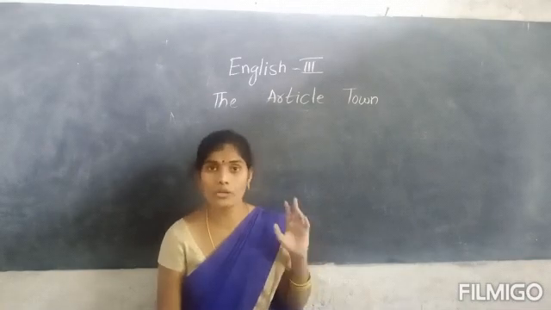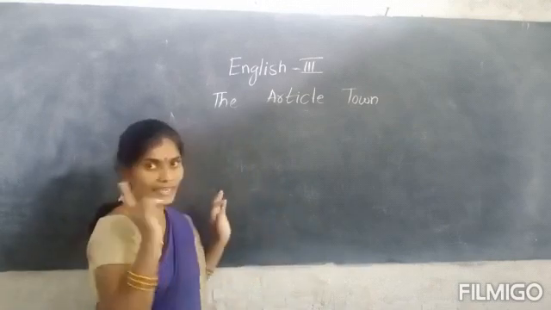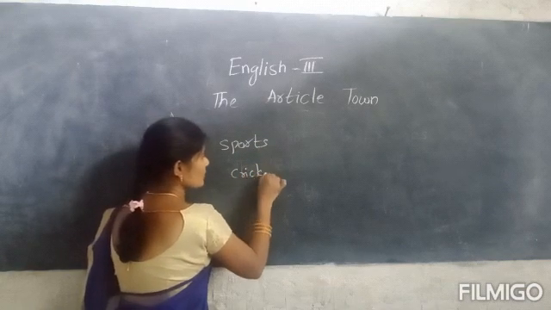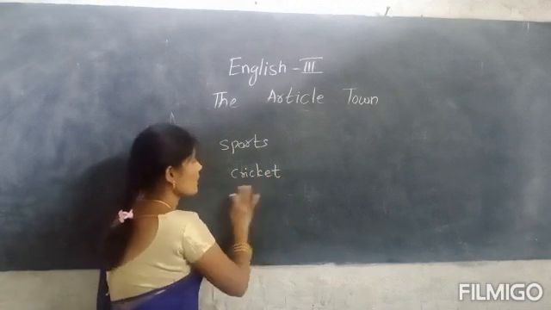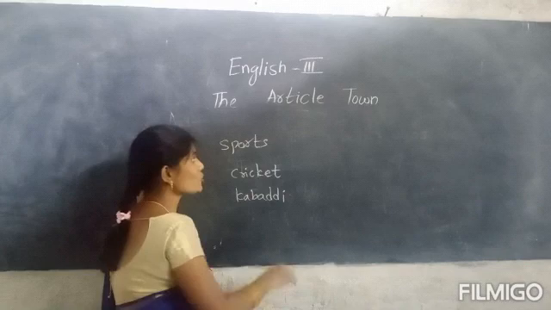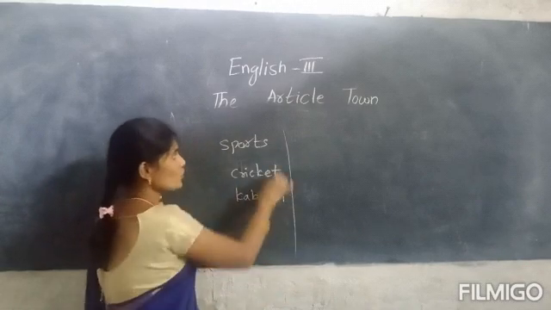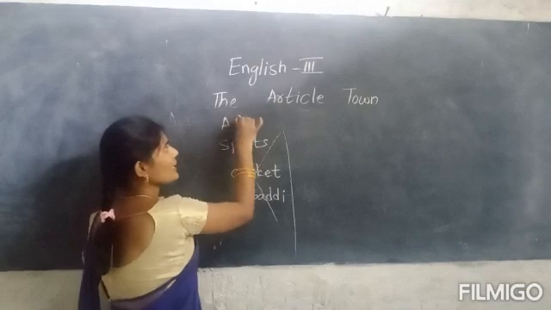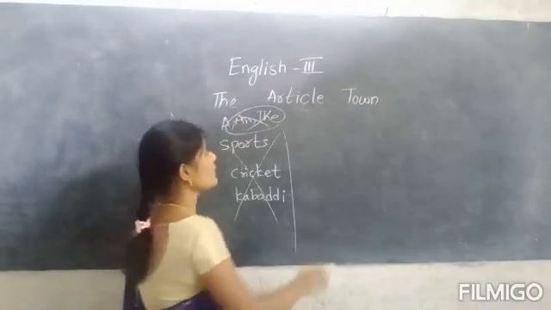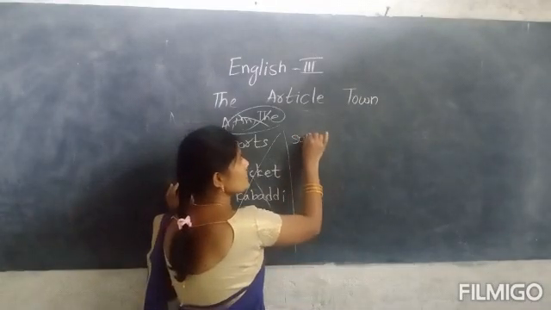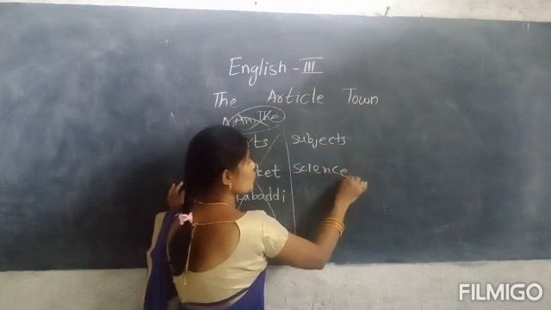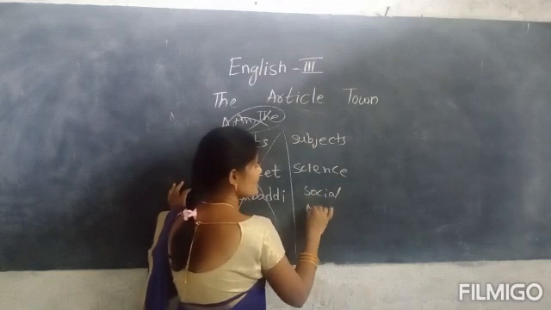And plurals, books, pens. Sports, before the sports, before cricket, and also before kabaddi, we should not use any article. And for the subjects, science, social, maths, these are the subjects.